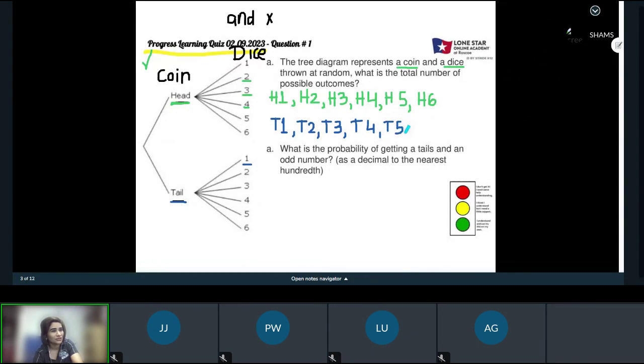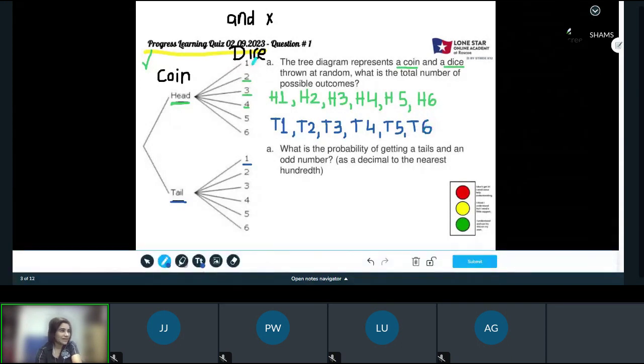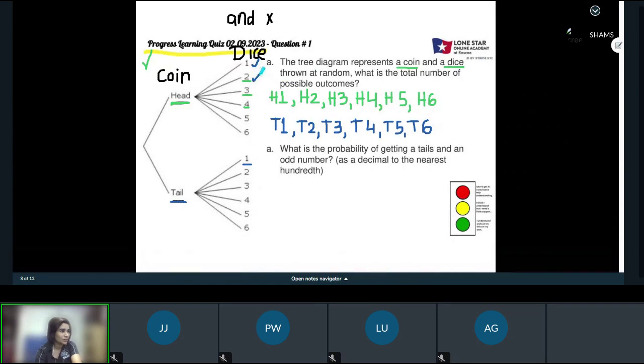This is how you read the tree diagram. So these are all possible outcomes. And normally, these very last branches tell you how many outcomes there are, right? Heads 1, heads 2, heads 3, heads 4, heads 5, and heads 6. So 6 outcomes here and another 6 outcomes here, right?